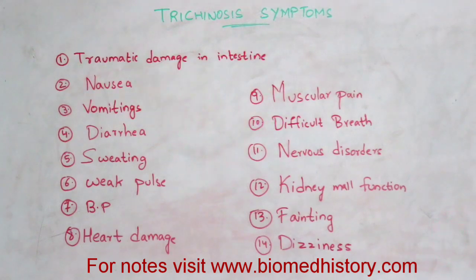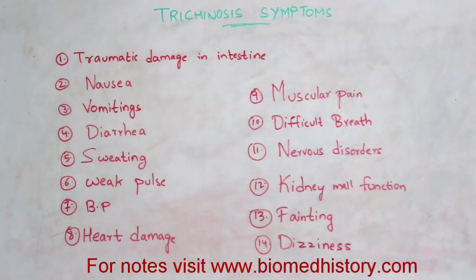The second one is nausea, which is a sensation of feeling like vomiting. The third one is vomiting. The fourth one is diarrhea, the fifth one is sweating, the sixth one is weak pulse, the seventh one is BP, that is blood pressure, and the eighth one is heart damage.